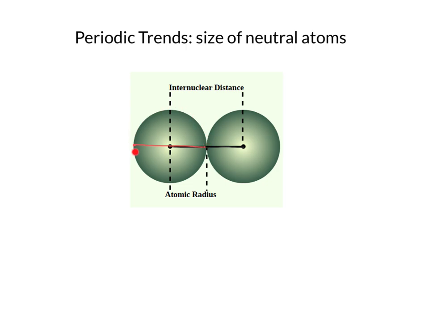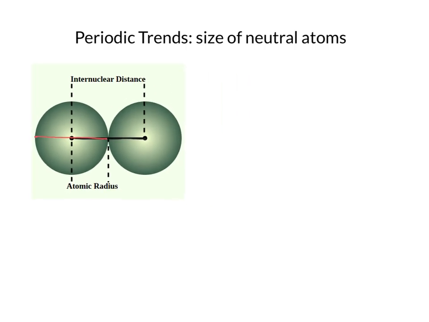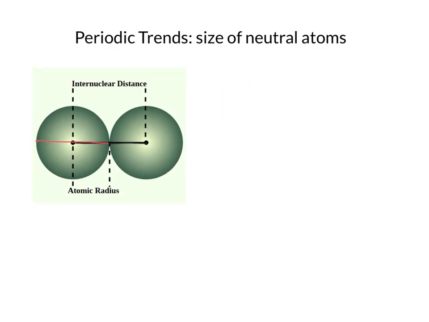If the valence electrons are further away from the nucleus, then I'm not going to be able to get those atoms as close together, and so the size is going to be larger. So in another sense, the size of the atom has to do also with how far away the valence electrons are from the nucleus.